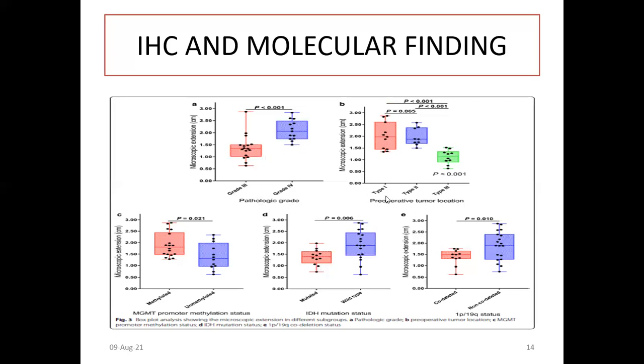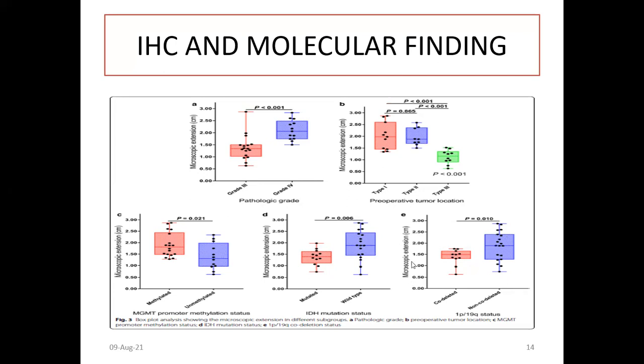Preoperative tumor location you can see here, and methylated versus unmethylated: methylated GBMs have a higher area of extension, and unmethylated has slightly less extension. IDH mutated is less infiltrative, but wild type is more infiltrative, and co-deleted is less infiltrative and non-co-deleted is more infiltrative.